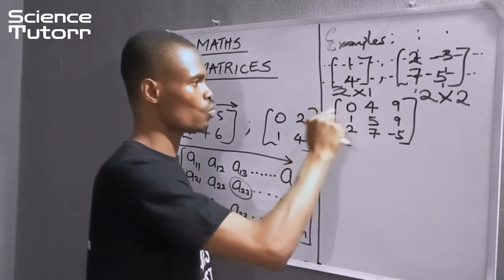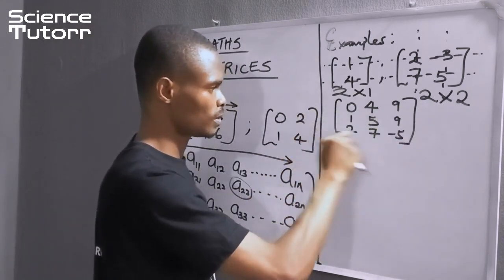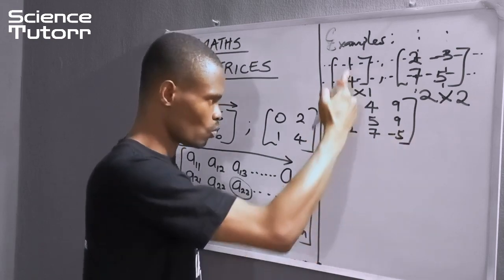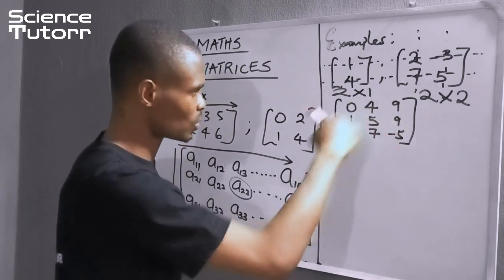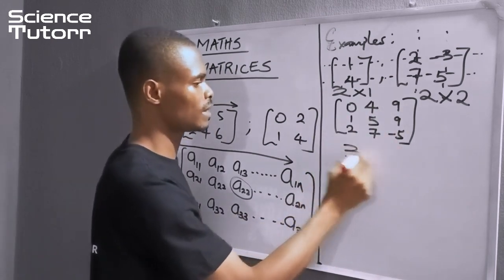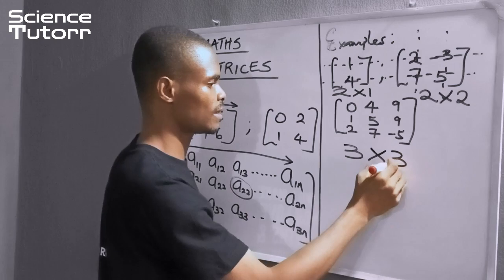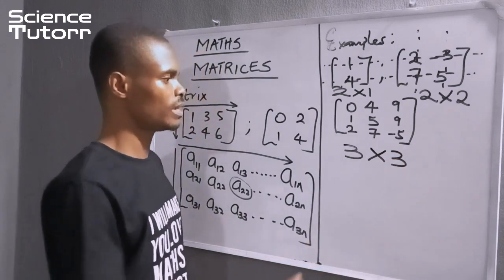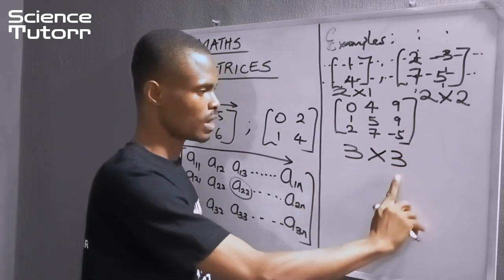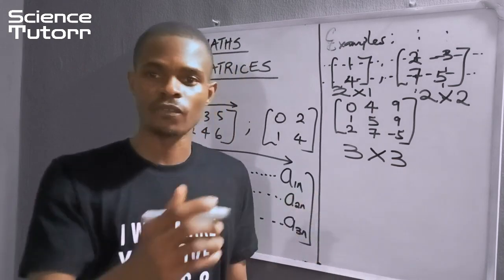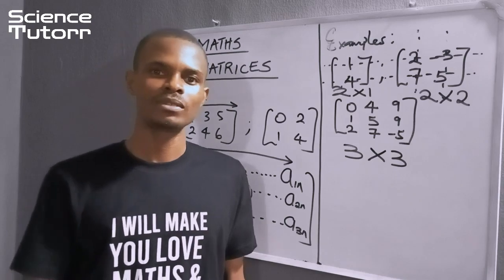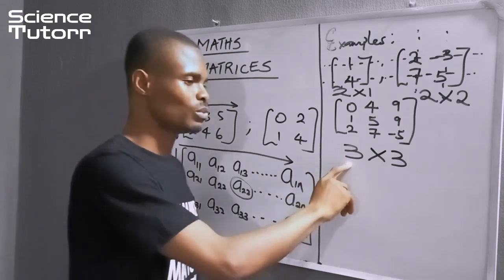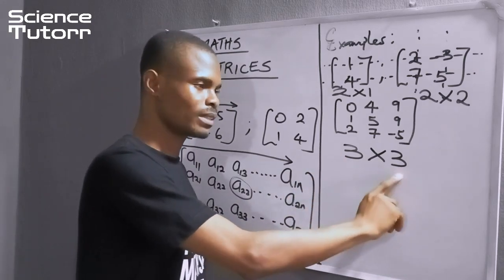We have 1, 2, 3 rows and 1, 2, 3 columns. In this case, we can interpret such a matrix as a 3 by 3 matrix. Why? It is having 3 rows and 3 columns. Don't forget, in matrices, the rows are named before the columns. So we have row, column, 3 by 3 matrix.